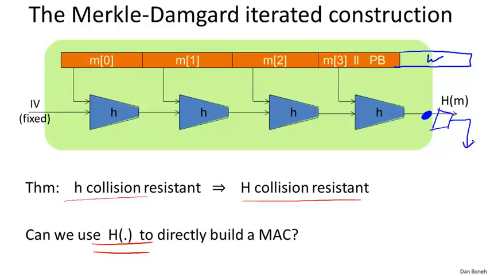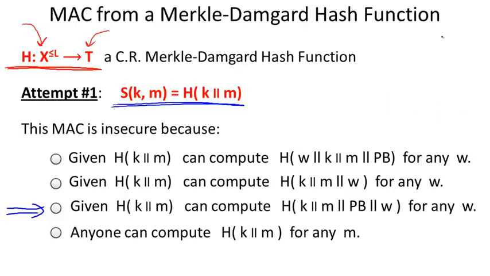Now they will be able to get the tag for the original message, concatenated with the padding block, concatenated with the word w that they added themselves, and as a result, this is an existential forgery. So basically this is exactly what we get here: after concatenating the padding block, the attacker can concatenate whatever he wants, and he would get the tag on this combined message.